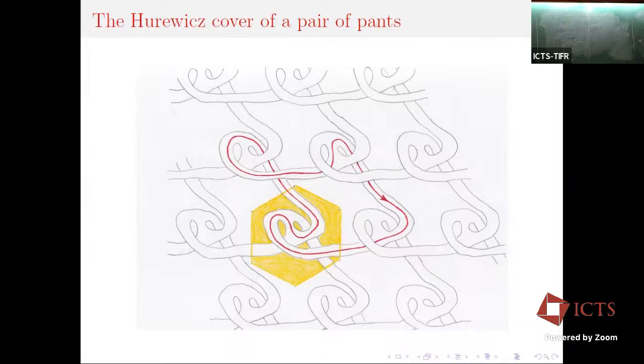So this was the picture for the Hurewicz cover. Now the question is, what is the relationship of that cover to the Hurewicz cover of sigma? So what is the Hurewicz cover of sigma?